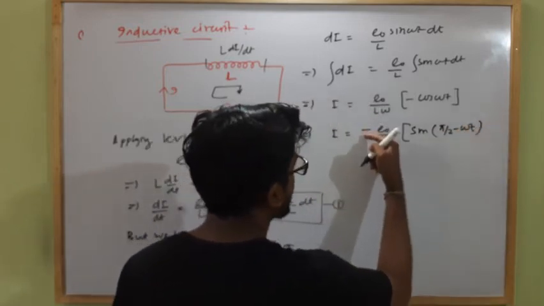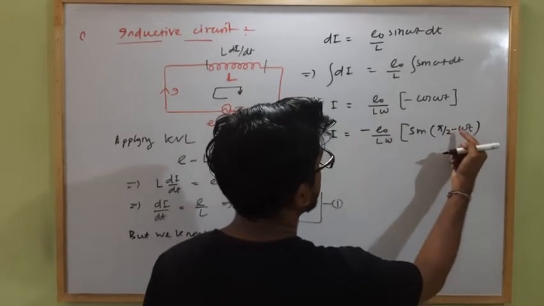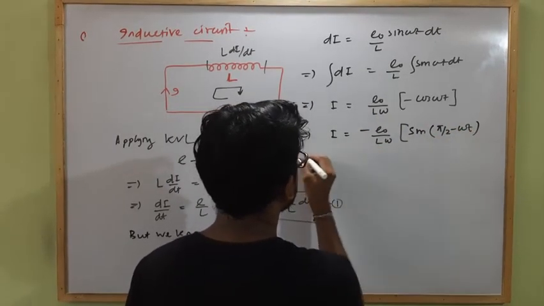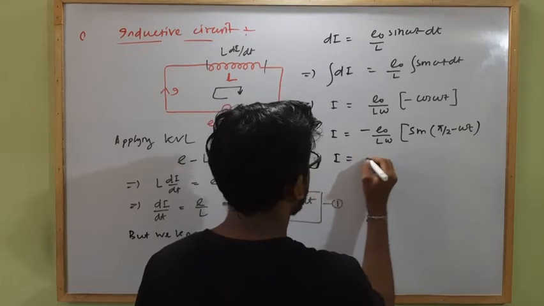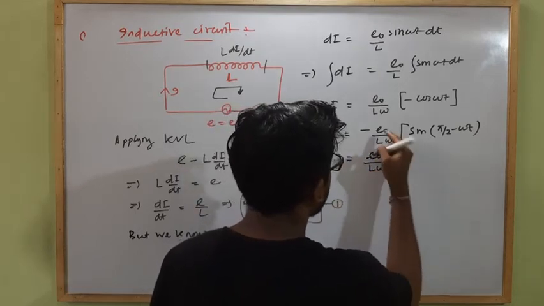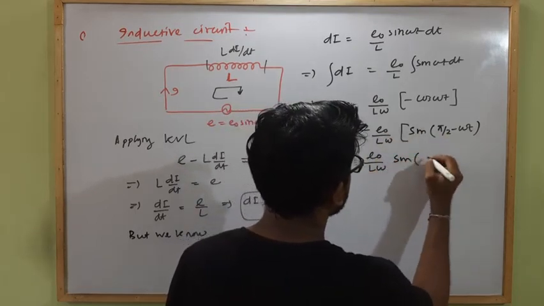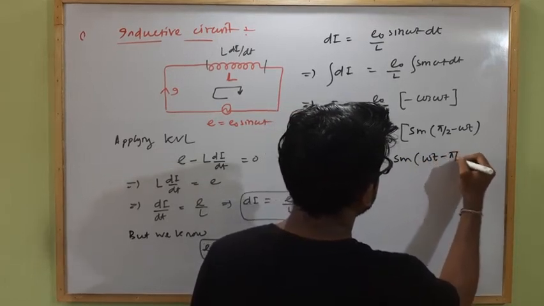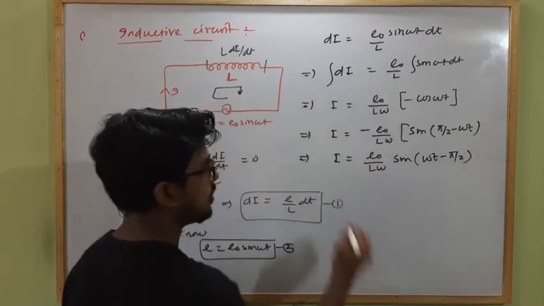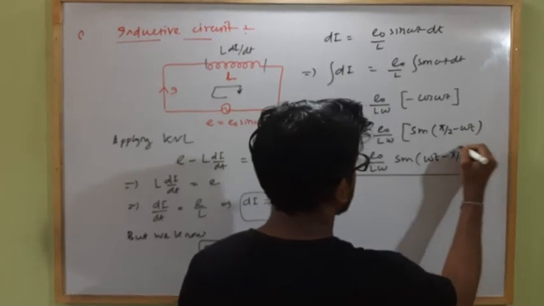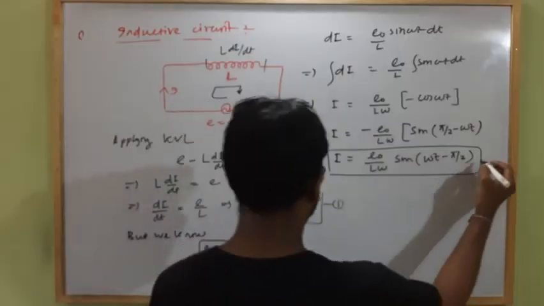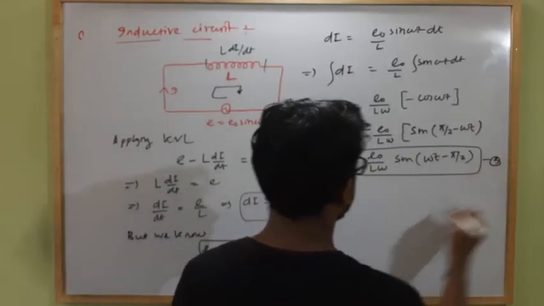When I take the negative sign, because I know sin of minus theta is minus sin theta, this can be written as I equal to E naught by L omega, taking the negative into the bracket, sin of omega t minus pi by 2. Clear? Okay, let it be equation 3.